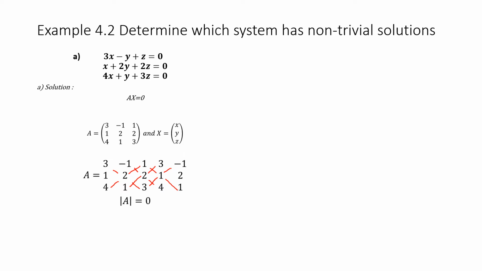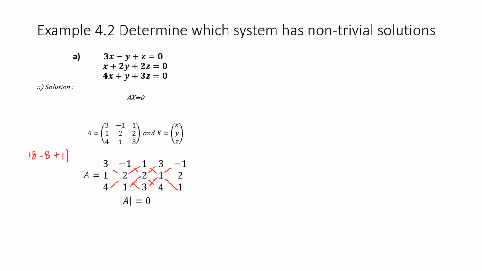Here the first diagonal from left to down is coming 18. The other diagonal, minus 1, 2, 4, is coming minus 8. Then the third diagonal, 1, 1, 1, is of course 1.